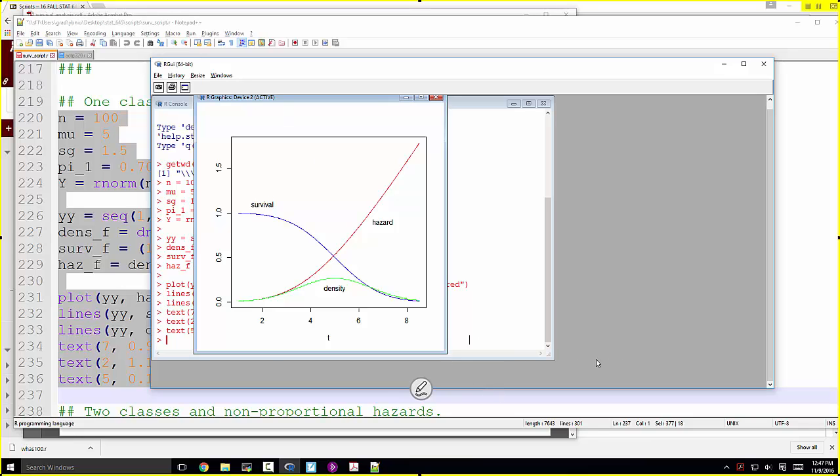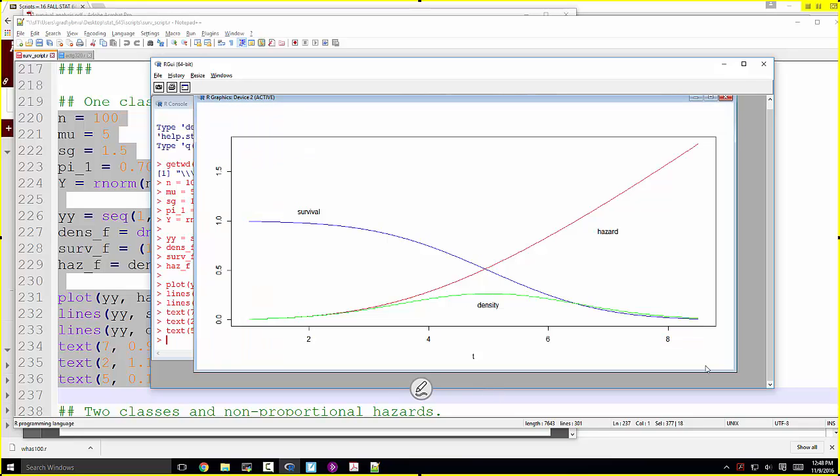Okay, so the green is the normal PDF. That is the distribution of event times. The survival curve is 1 minus the CDF, and then the hazard is this kind of different thing that is rising as survival is decreasing.